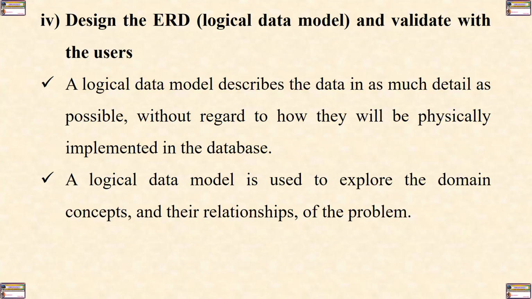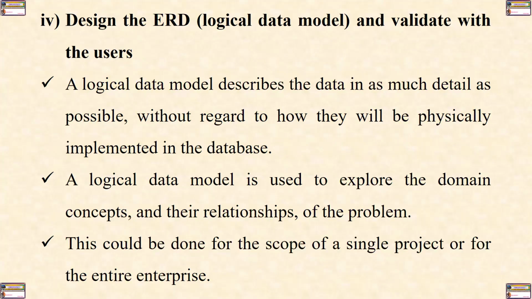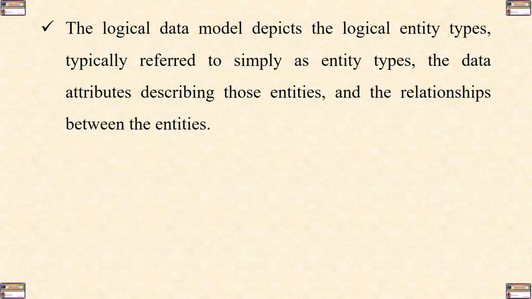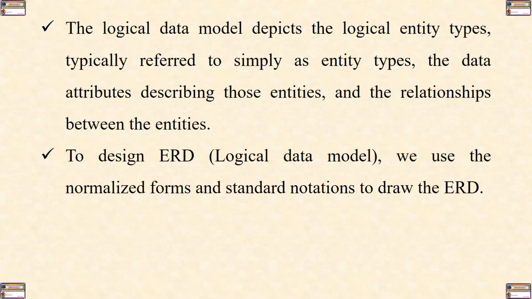A logical data model is used to explore the domain concepts and the relationships of the problem. This could be done for the scope of a single project or for the entire enterprise. The logical data model depicts the logical entity types, typically referred to simply as entity types, the data attributes describing those entities, and the relationships between the entities.